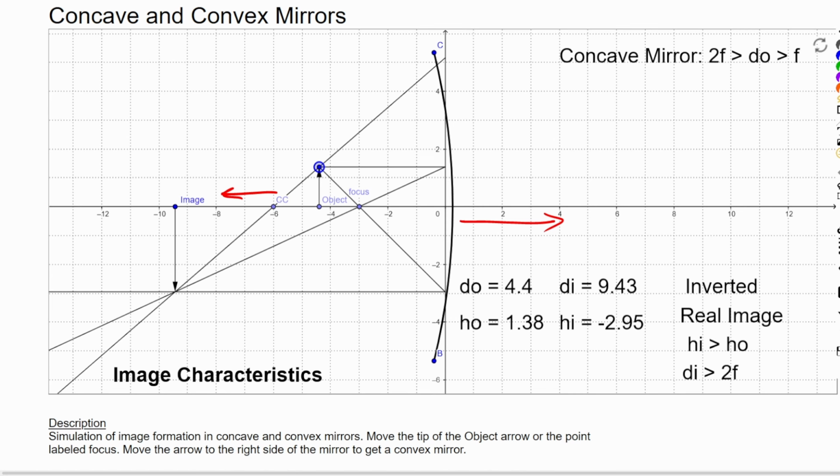Now the height upward is positive, say 1.5, so plus 1.5, but a height downward is negative, say 2.5, so minus 2.5. And that's pretty much the sign convention. Here the same will apply: a downward distance will be negative and upward will be positive.